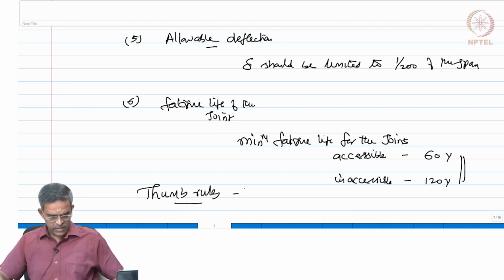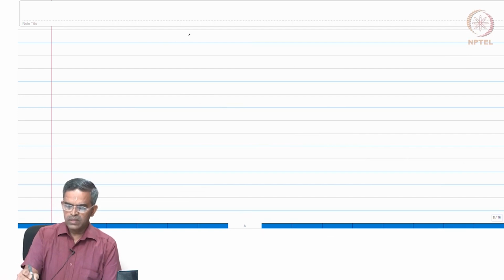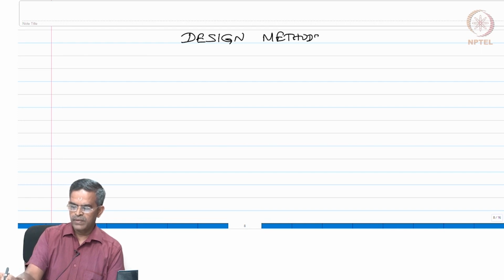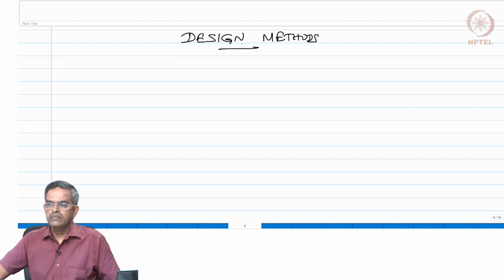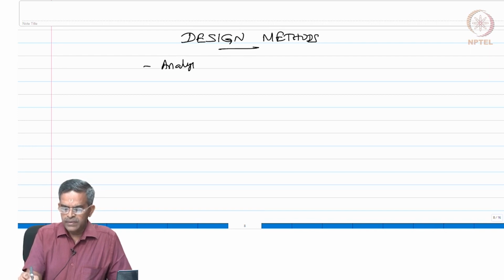Okay. Having said this, let us now get into the design methods. Before we enter into plastic design, we all know that analysis and design is a closed loop. Okay.